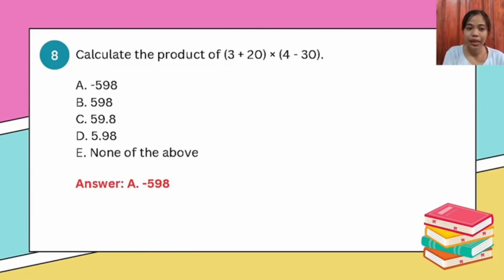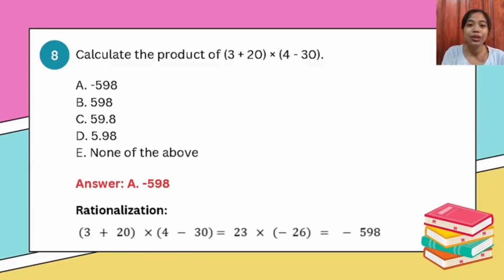But why? Here's the rationalization. Okay, we have to use the PEMDAS rule, right? So it starts with the parentheses, the exponent, the multiplication, division, addition, and then subtraction. PEMDAS. So basically, we can see the parentheses here. That's 3 plus 20, and then 4 minus 30.